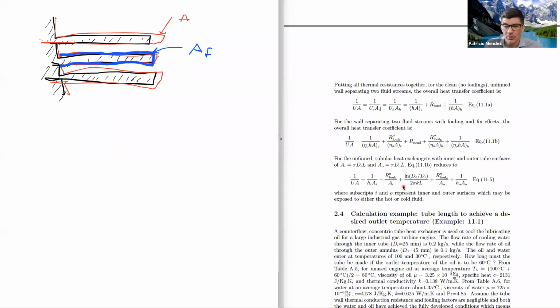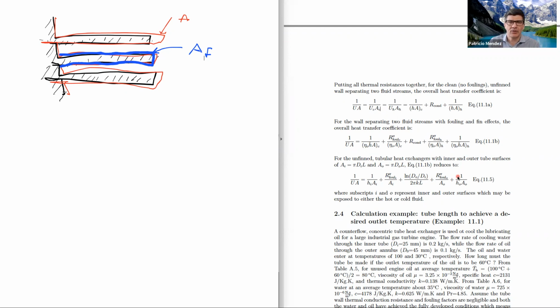In the case where we have an unfinned tubular heat exchanger, for example shell and tube, in which one of the fluids goes through a tube, this would be the formula. No more eta naught, because we have no fins. We can have fouling inside and outside. If it is a circular tube, we know how to calculate it, and this would be the formula.